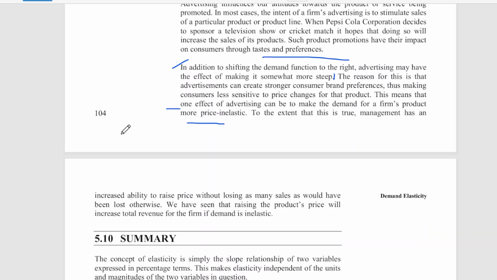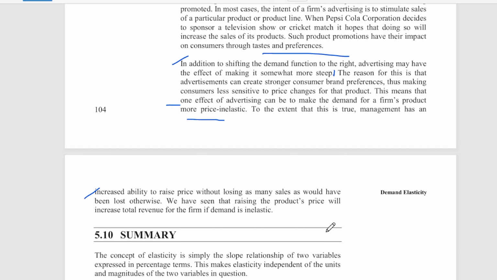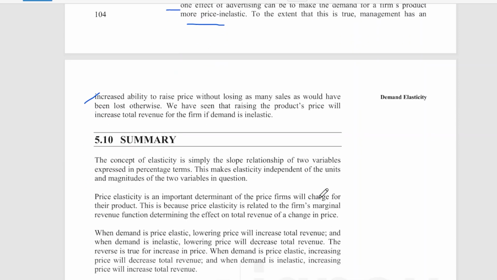And to the extent that this is true, management has an increased ability to raise price without losing as many sales as would have been lost otherwise. We have seen that raising the product's price will increase total revenue for the firm if demand is inelastic.